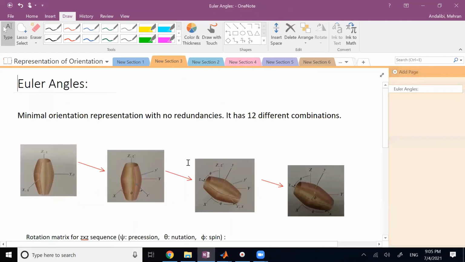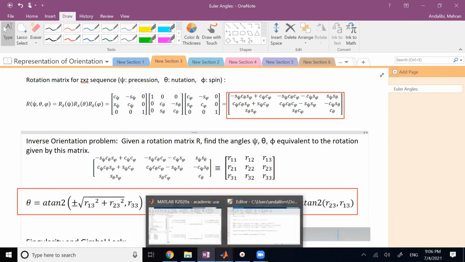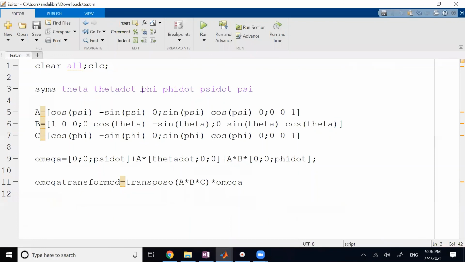If you remember, I showed you that the rotation matrix is something like this, correct? So you can sit down and do all the multiplications and try to use your trig knowledge to simplify it, which is a very good practice, but you can also use MATLAB to help you. Here, as you can see, I have defined my angles and angular velocities, theta, phi, psi, and then theta dot, phi dot, psi dot, all of them as symbolic variables, using syms.